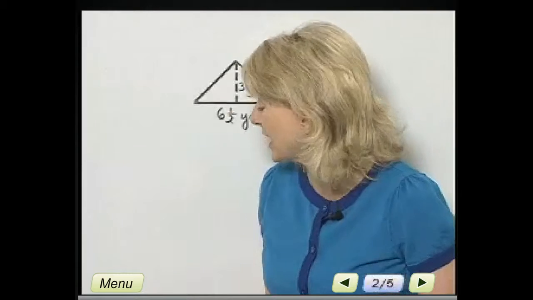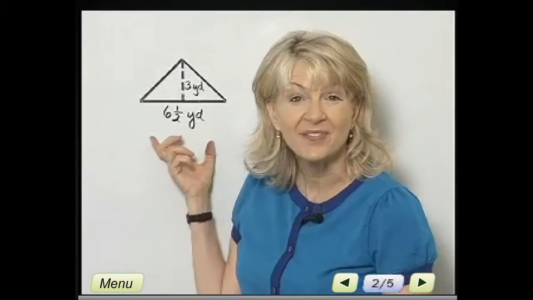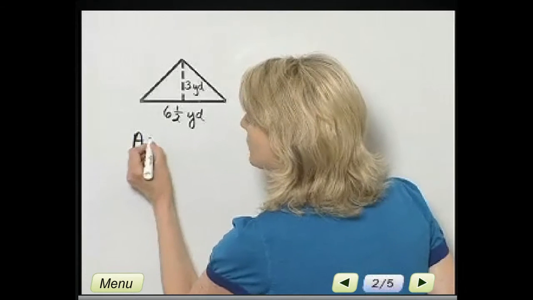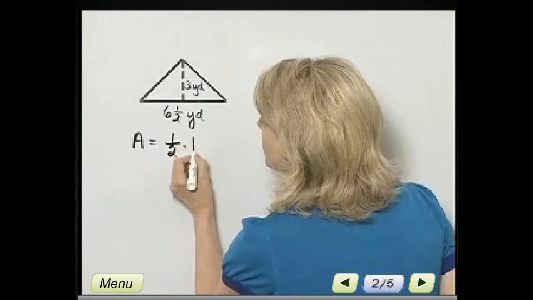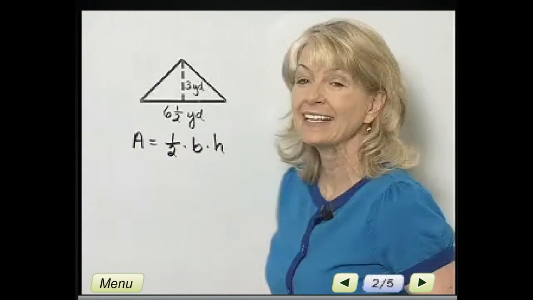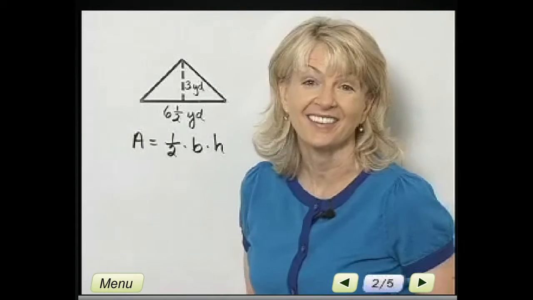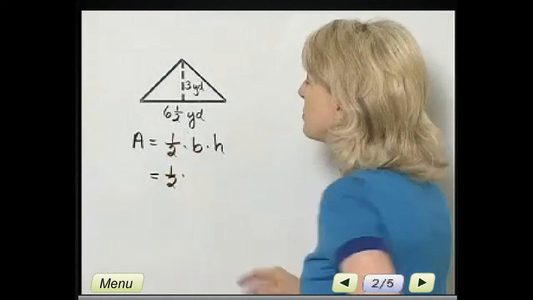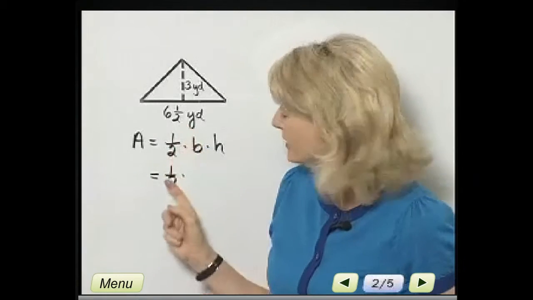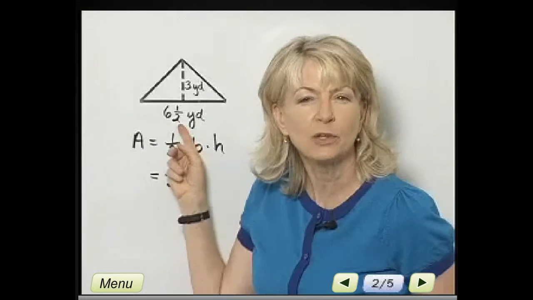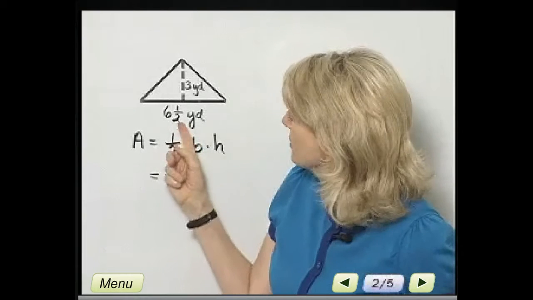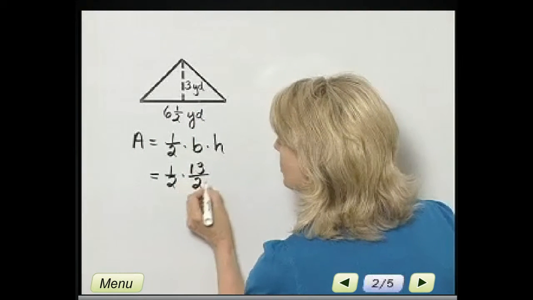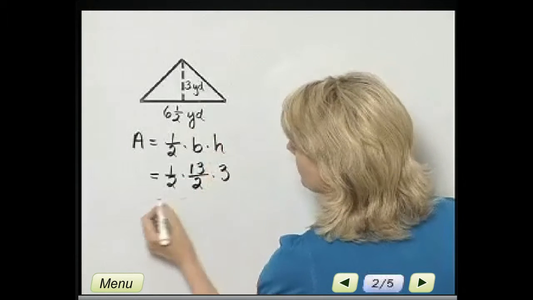Let's continue finding areas. First, identify the figure. Here I have a triangle. The area of a triangle is 1/2 times the length of the base times the height of this triangle. So the area is 1/2 times, the base is 6.5 yards. Since I have a fraction here and this is a mixed number, let's go ahead and write it as an improper fraction. So 2 times 6 is 12, plus 1 is 13/2, and then the height is 3.